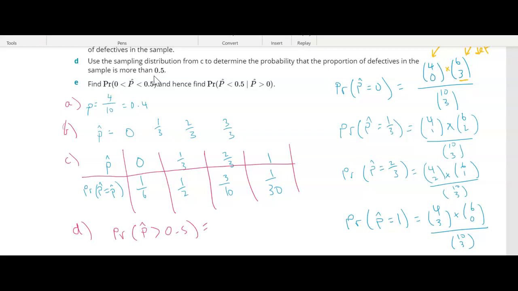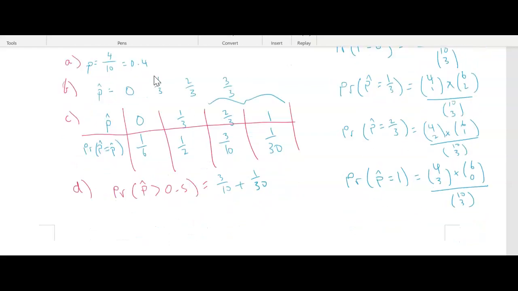So we're going to be looking at these values here because they're greater than 0.5. So 3/10 plus 1/30. Now to do that, you will need the same denominators or a calculator. I'm just going to quickly do it. So 9, 10, 10/30, which is 1/3. Good.